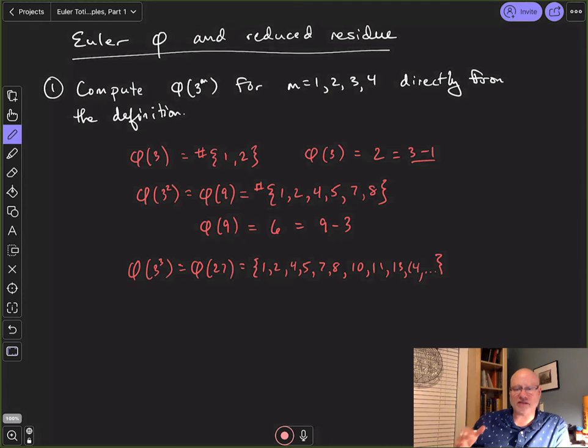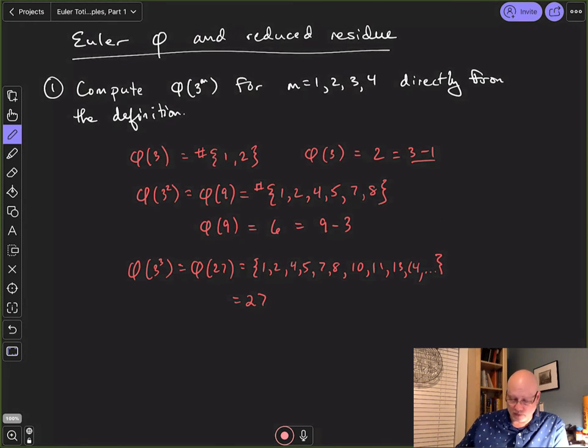Let's think about this, because obviously the larger the numbers get, we don't want to have to list these out all the time. How many elements are in Z27? We know there are 27 elements in there. How many of them are divisible by 3? As we saw from the pattern, every third number is a multiple of 3: 0, 3, 6, 9, 12, 15, 18, and so on.